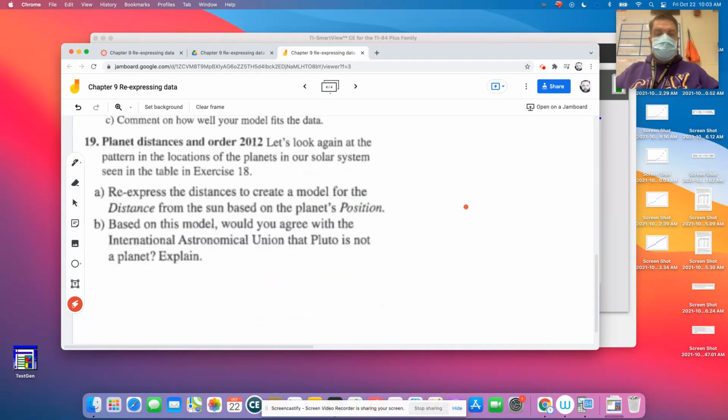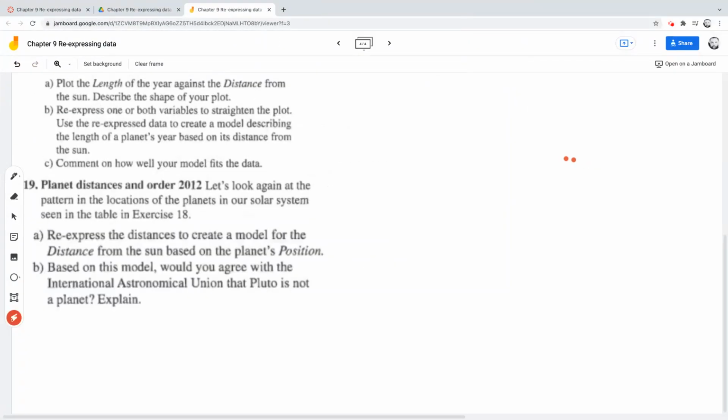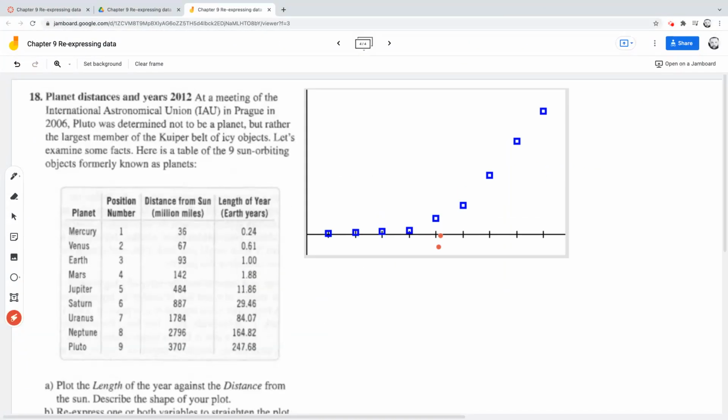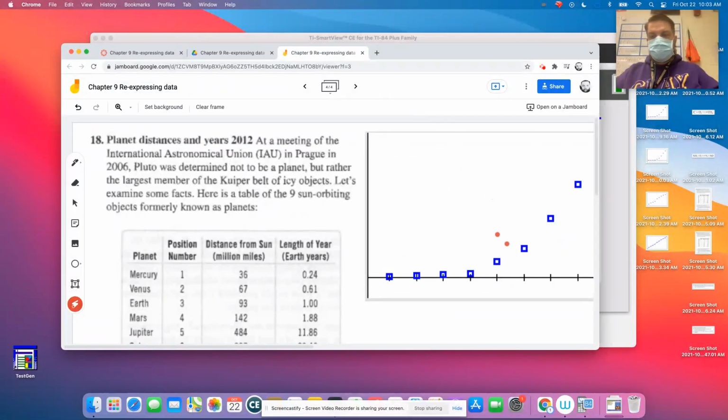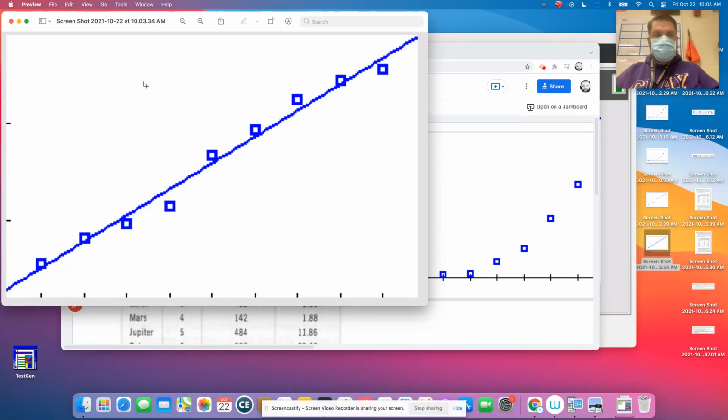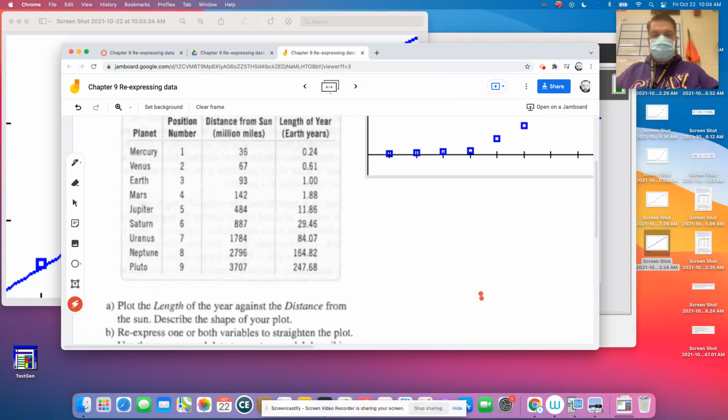So it says re-express and create a model. So now we have the model and re-express. So this is the original data. This is the re-expressed data.